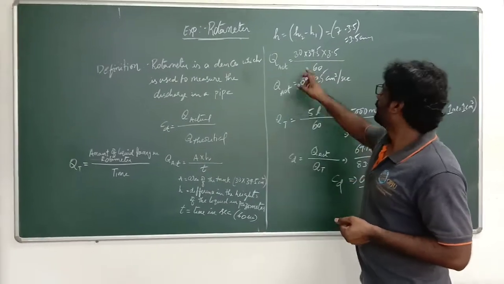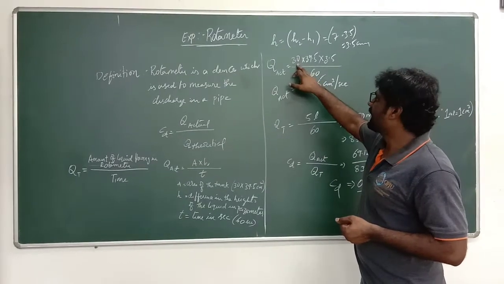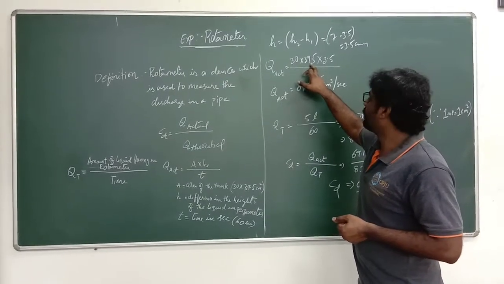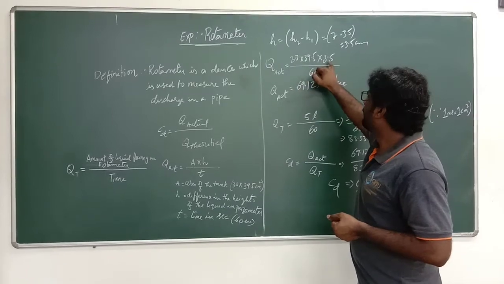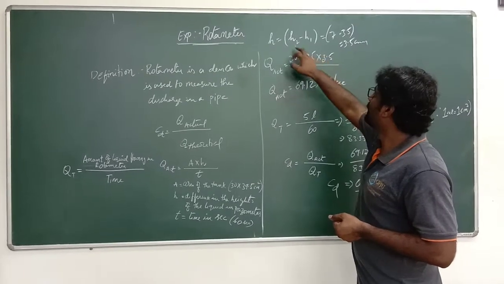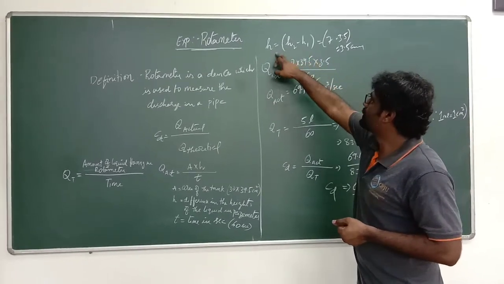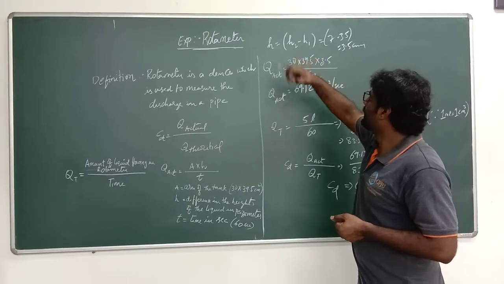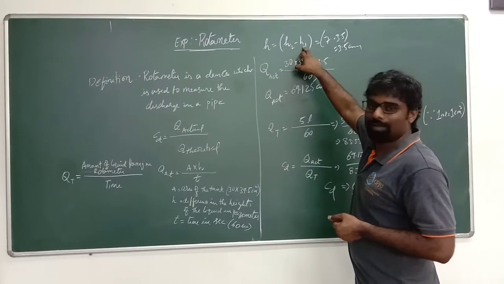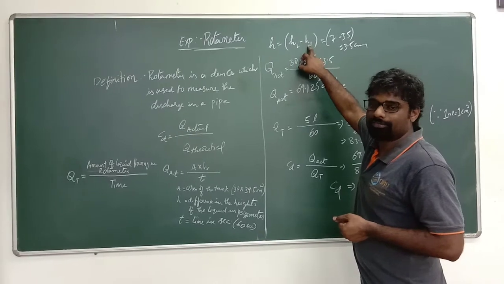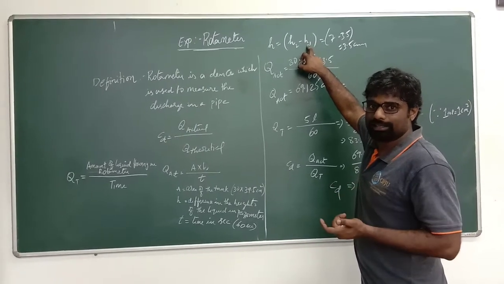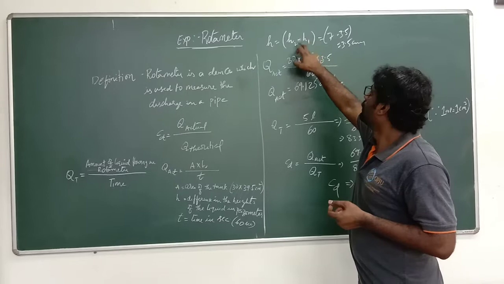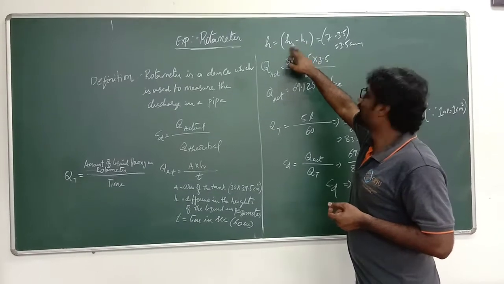The collecting tank has dimensions of 30 into 39.5, that is the area, and h is the height. We got the height from the formula h is equal to h2 minus h1. In the experiment we saw the h1 value initially is 3.5, and after allowing the water to flow for 60 seconds, we got the h2 value, that is 7.